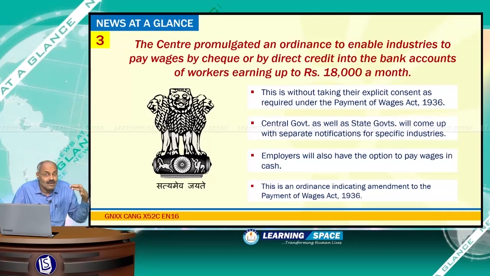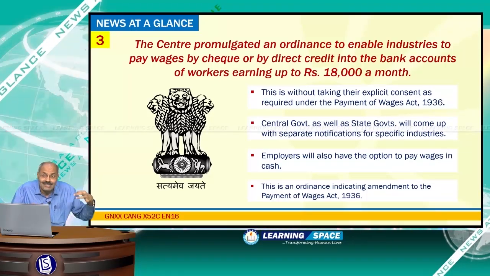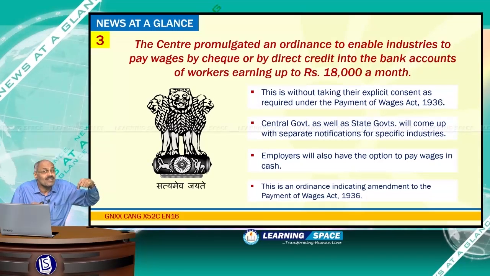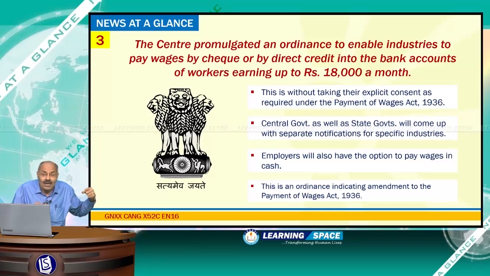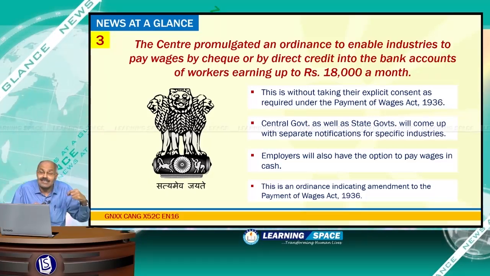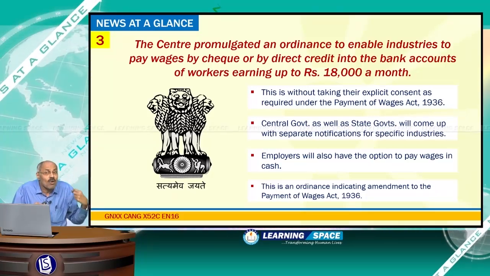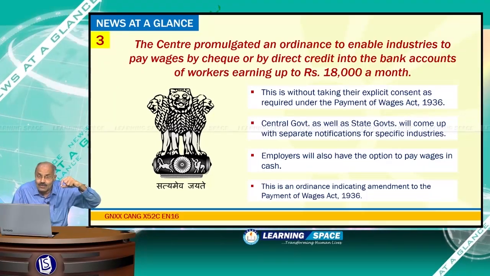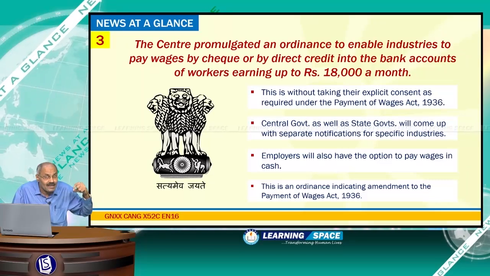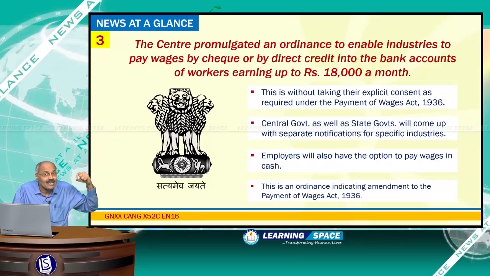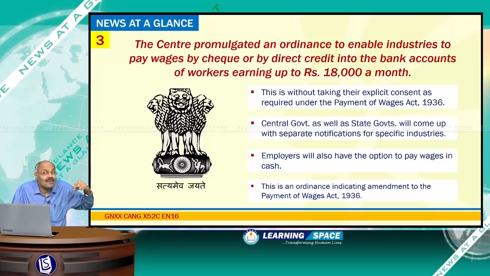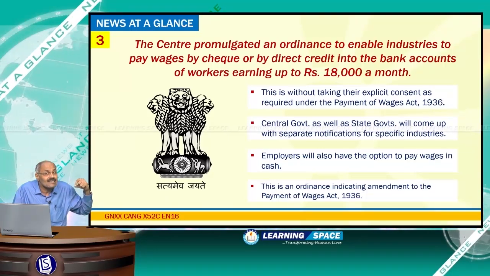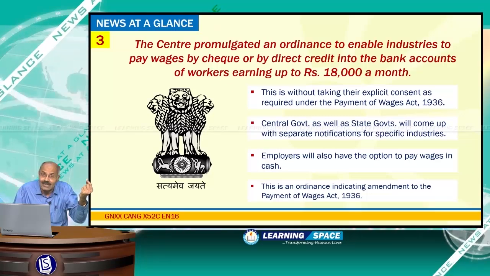Now the central government as well as the state governments will come up with separate notifications for specific industries, and as per the notification, based on this ordinance, the amount can be directly credited into their bank account. So basically, it is the ordinance which indicates an amendment to the Payment of Wages Act 1936. Subsequently, this ordinance needs to be ratified by Parliament.